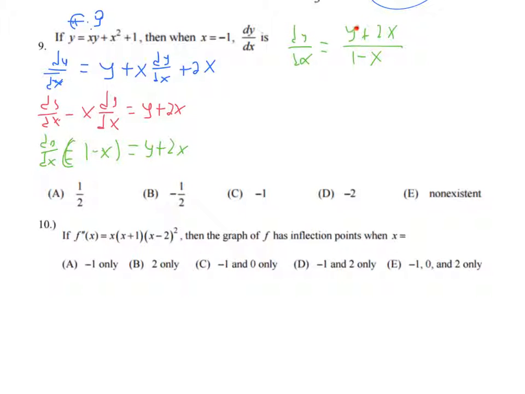We notice that there is a y in our derivative. In order to find dy dx when x is equal to -1, we need to know what this value is for y. We're told that x is equal to -1. So everywhere in our original implicitly defined function, we're going to plug in -1.